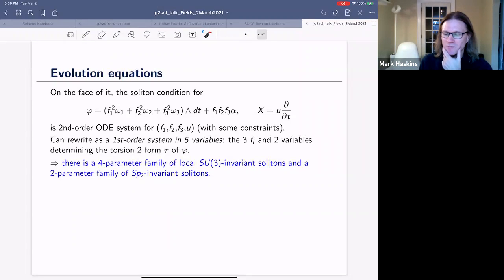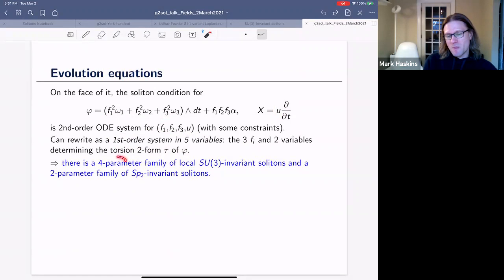So there turn out to be 2 coefficients that tell you the torsion form. So roughly, there is a first order system where the components are these 3 coefficients, plus 2 things that tell you the torsion. And then if I know those, in fact, u is completely determined by this. That's not obvious, but turns out to be the case.